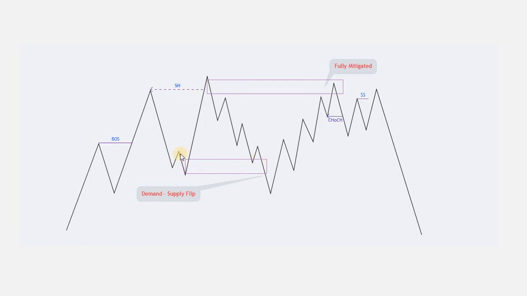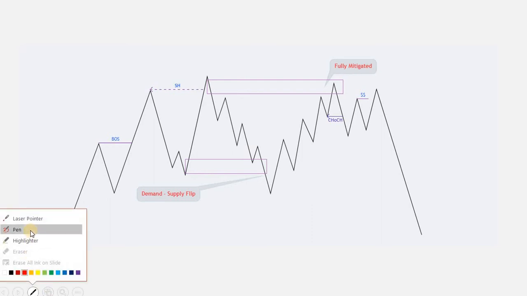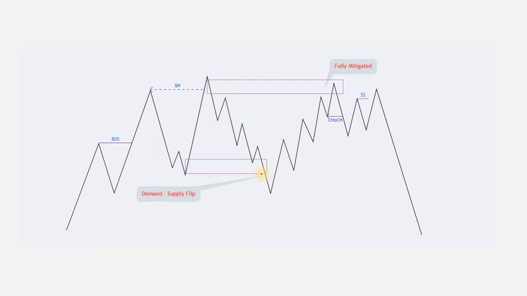You can see that we have this move clearing the sell side liquidity, and then breaking structure to the upside. So my expectation was that price will trade back to this zone, and we hope to see some kind of reaction that will take price up. Okay, that is what we hope to see.